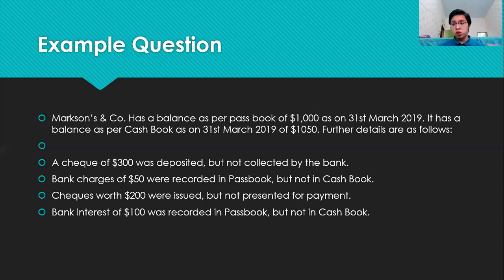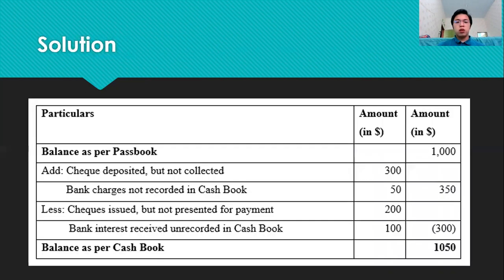So here's the solution. Balance as per passbook is $1,000. Add: check deposited but not collected is 300. Bank charge not recorded in the cash book is 50.